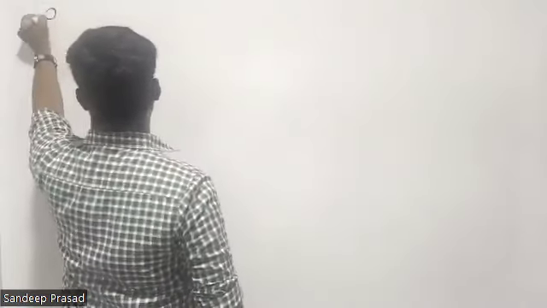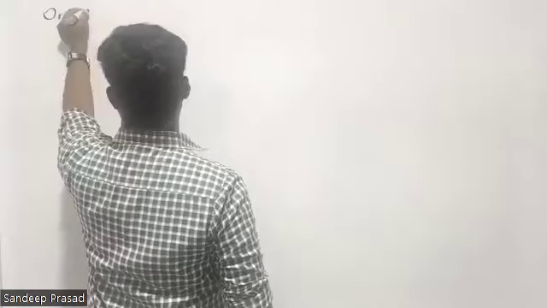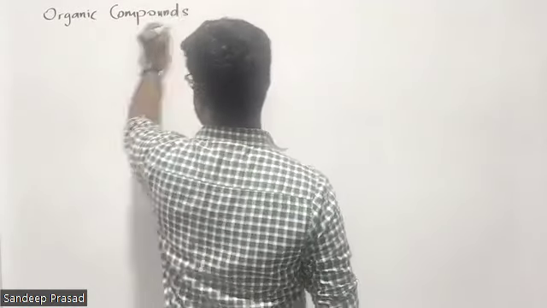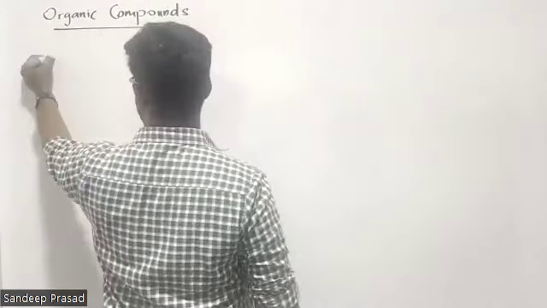Now let's see what types of organic molecules we have to discuss. Under that, we have some categories. The first category that we are going to discuss is hydrocarbons.